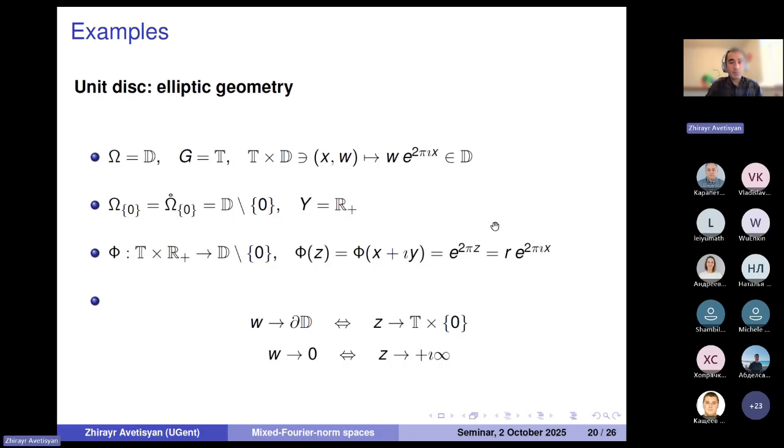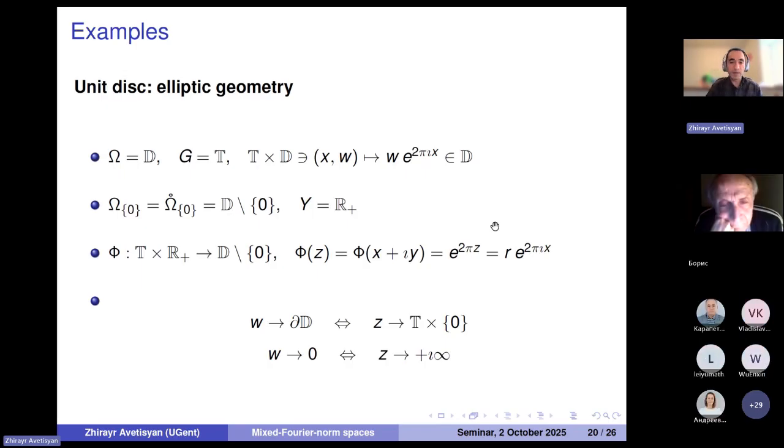First of all, the group is T, and the Y is R plus. So our phi maps from T cross R plus to the punctured disk. And it has an explicit formula. This is basically phi(z) equals e to the 2 pi z, all times e to the 2 pi i x. Anyway, so this is this biholomorphism that maps from the model to the punctured unit disk.